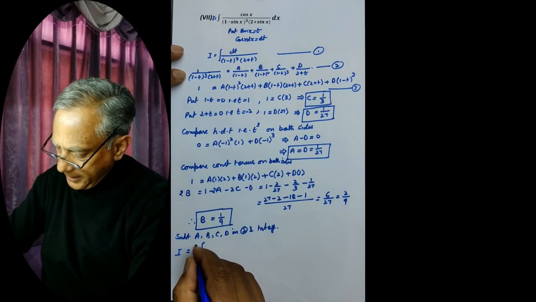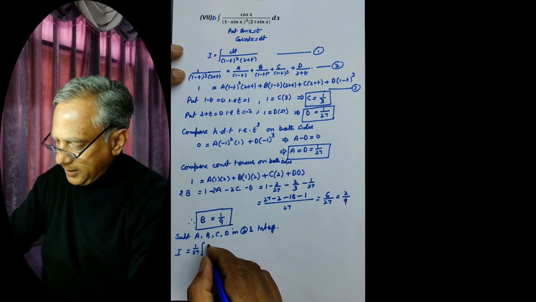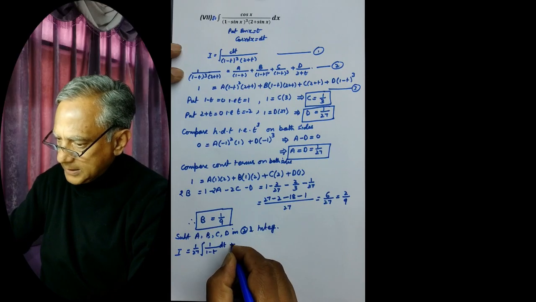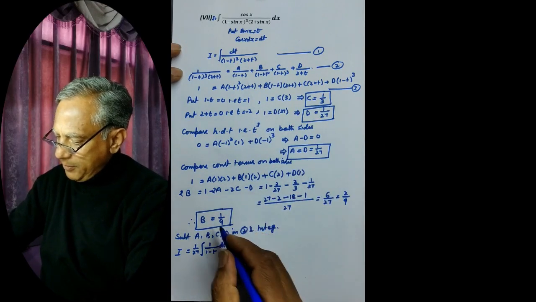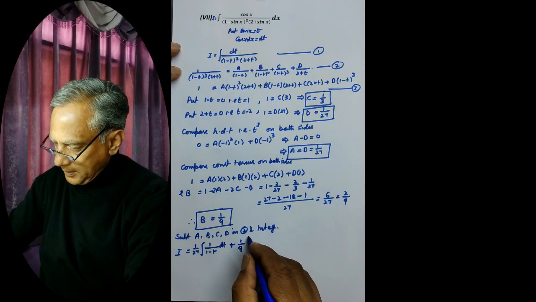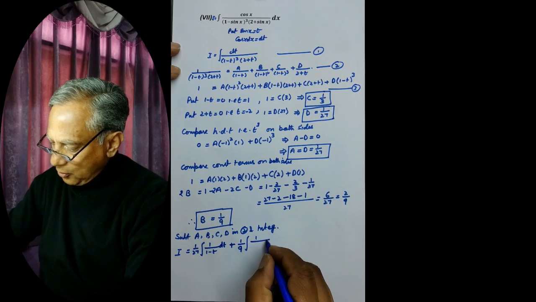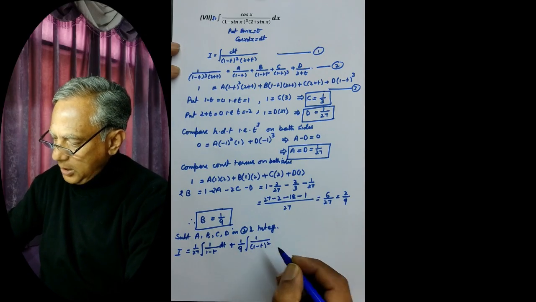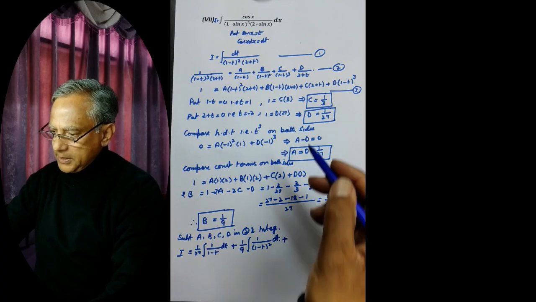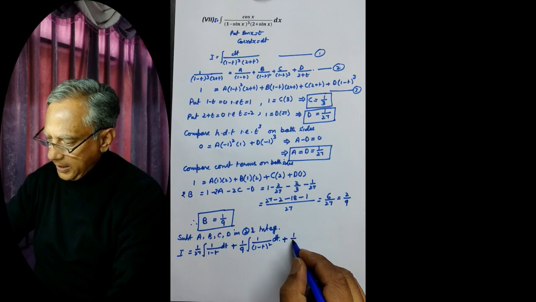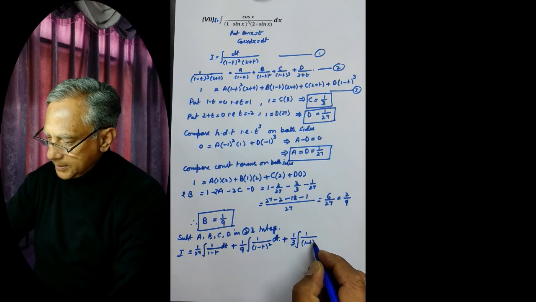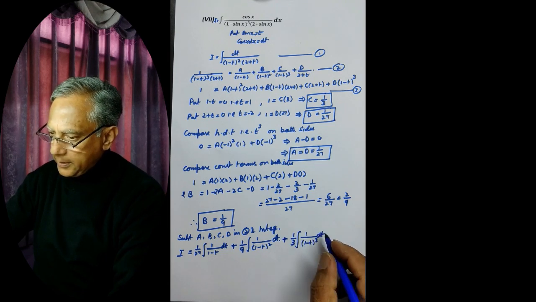A is constant, we will take it out. 1 by 27 integral of 1 over 1 minus t dt. Plus b. How much is b? B is 1 by 9. So we will have 1 by 9 into integral of 1 over 1 minus t whole square dt. Plus c. How much is c? C is 1 by 3. So we have 1 by 3 integral of 1 over 1 minus t whole cube dt.